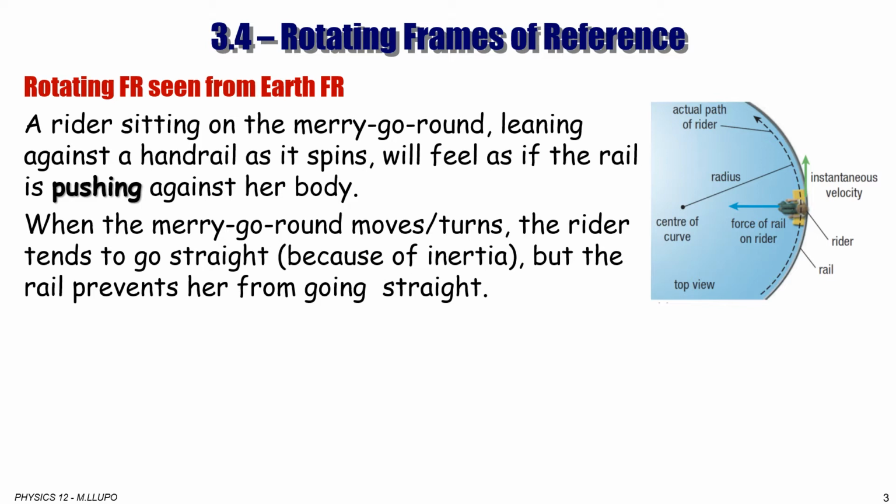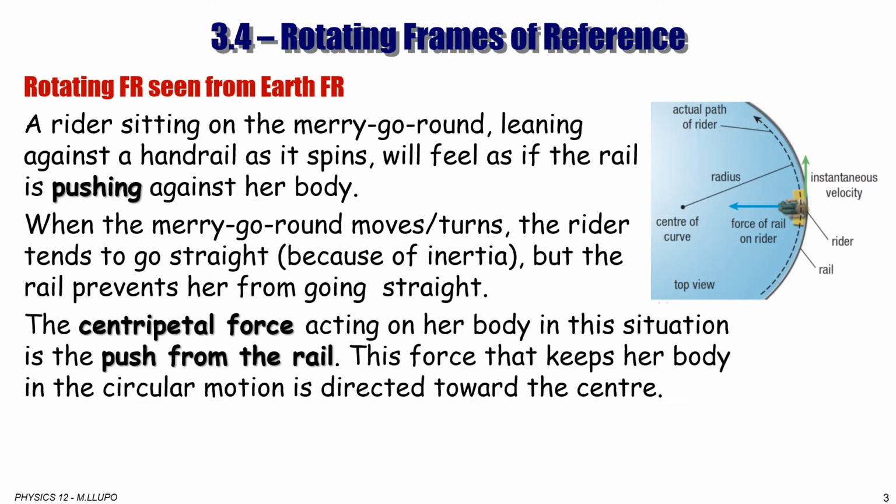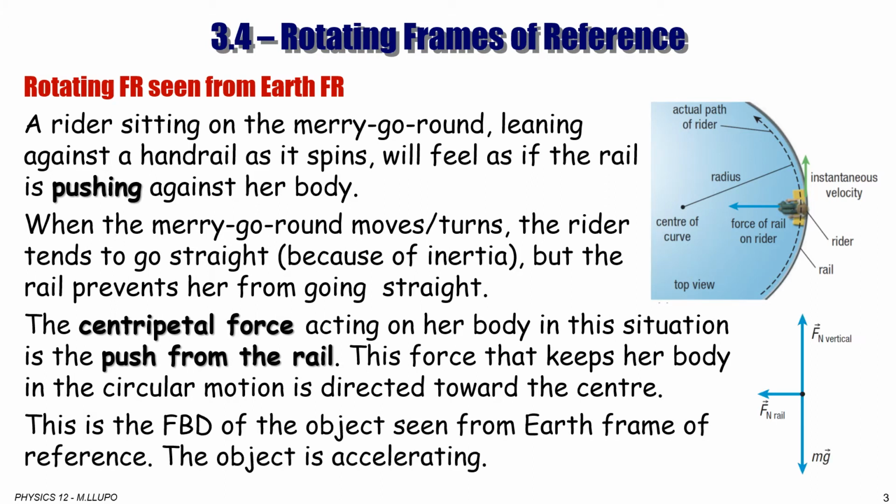However, the rail will prevent her from going straight, so it's going to force her to undergo circular motion. The centripetal force acting on her body in this situation is a push from the rail. This force that keeps her body in circular motion is directed, as you know, toward the center. That's why it's called centripetal force.